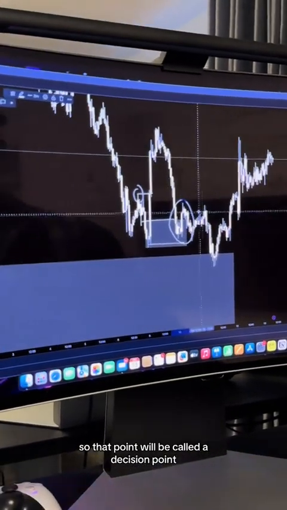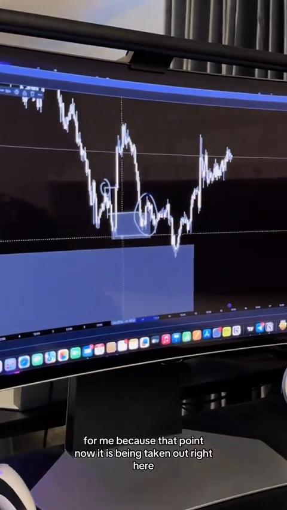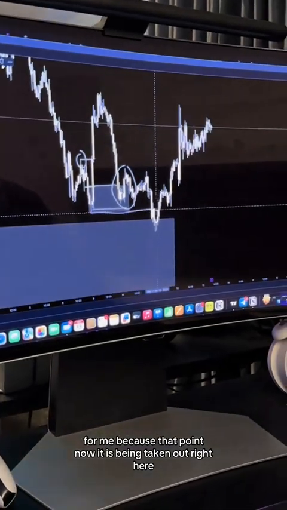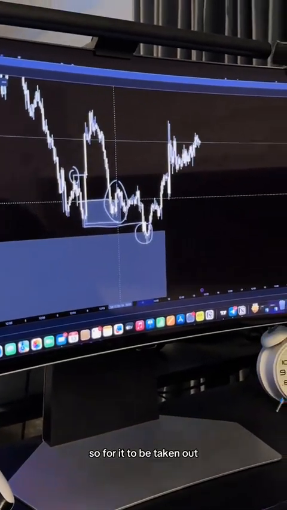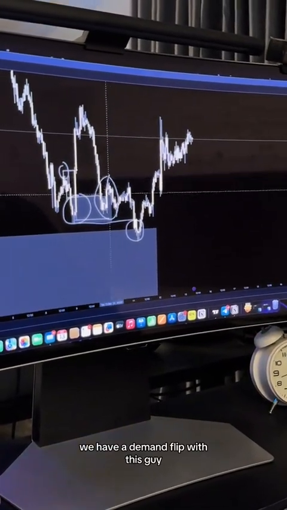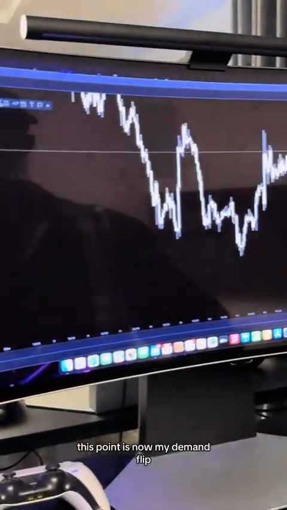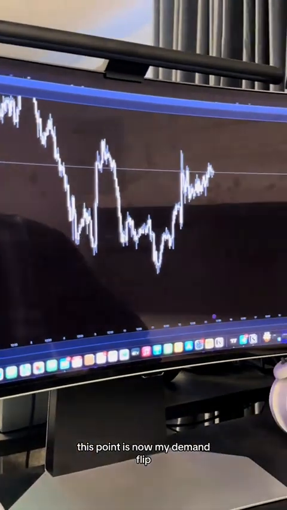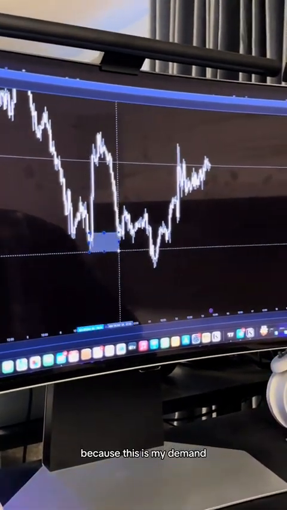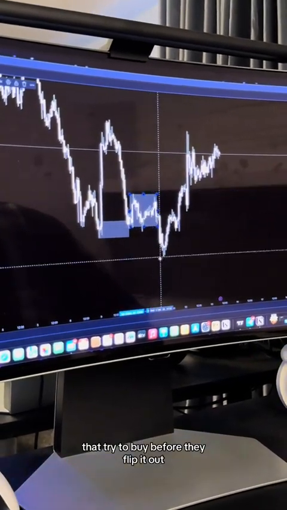So that point will be called a decision point for me, because that point is now being taken out right here. So for it to be taken out, we have a demand flip with this guy. This point is now my demand flip because this is my demand and this is the price action that tried to buy before they flip it out.